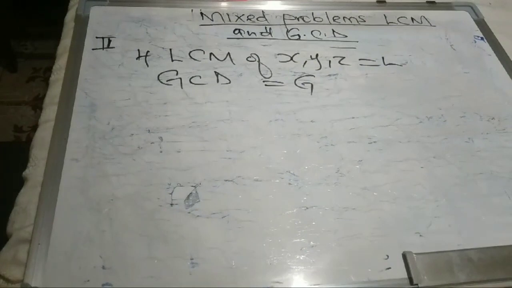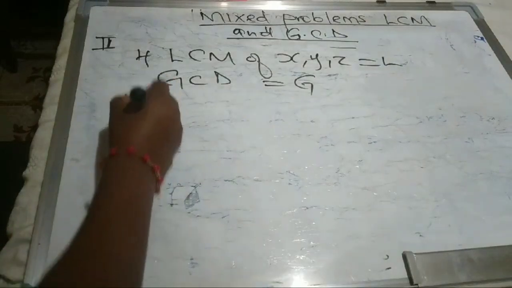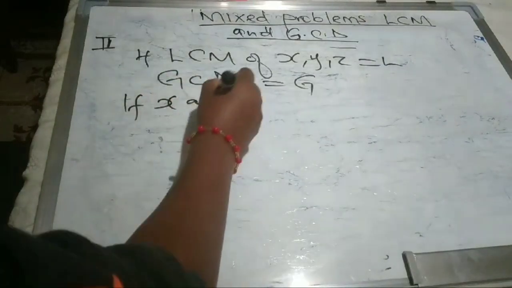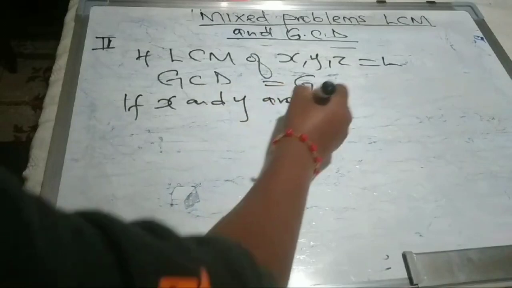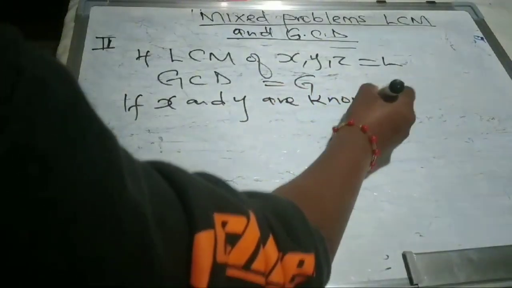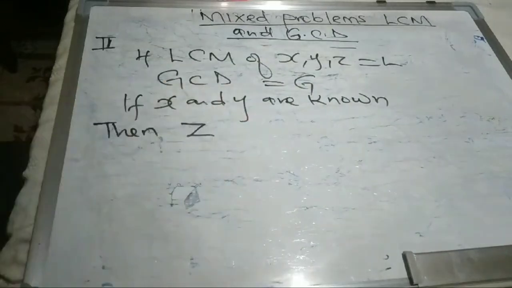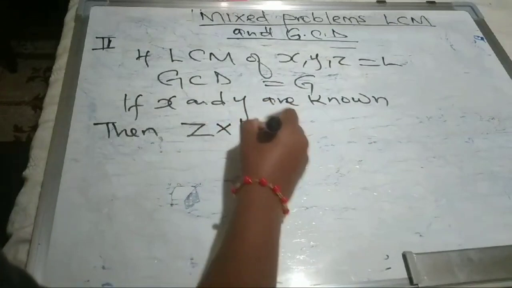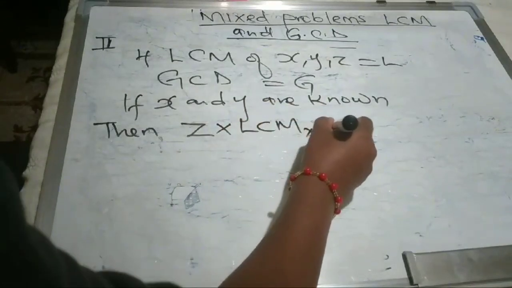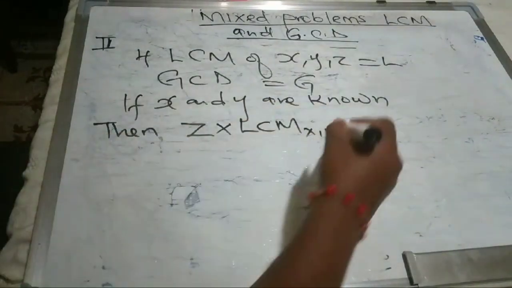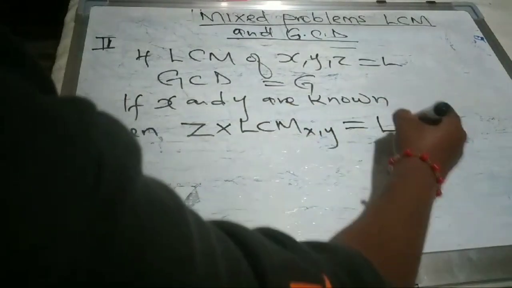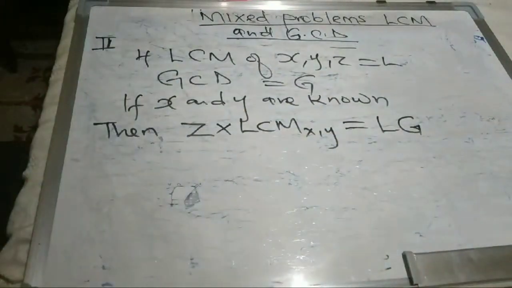So if x and y are known, then z multiplied by the LCM of x and y will be equal to LCM times greatest common divisor.